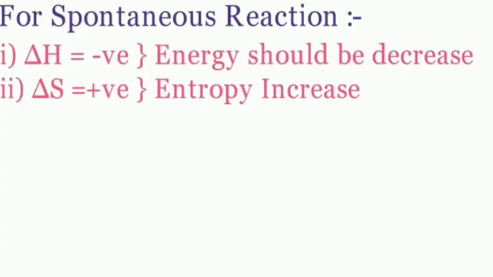So this is the criteria for identifying whether the process is spontaneous or not. So for a spontaneous process, delta H is negative, delta S is positive and delta G is negative.